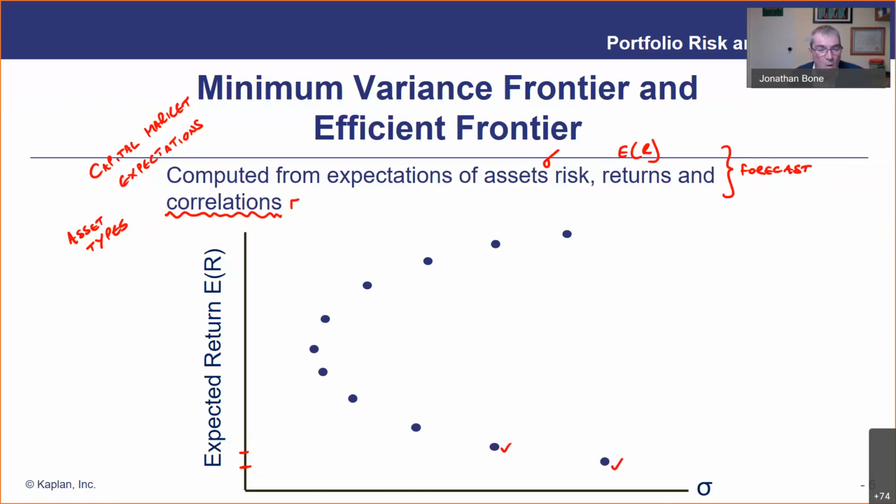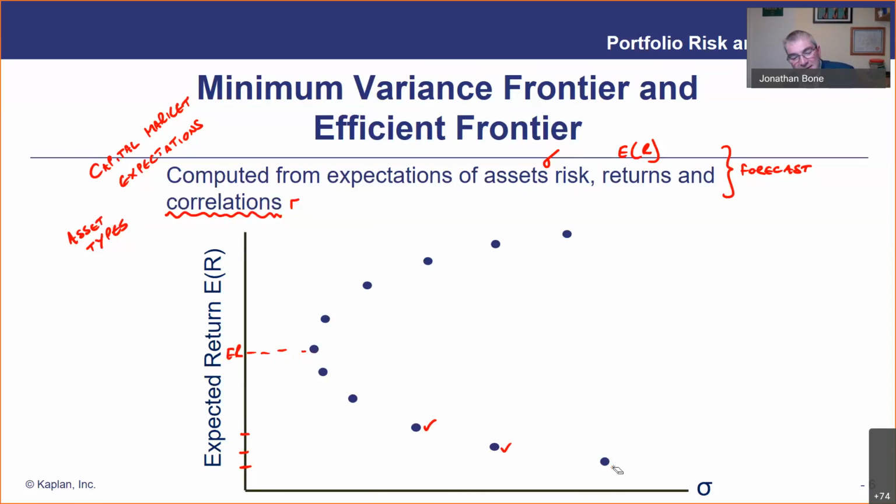Again, we look at all portfolios that could generate that, or all combinations of risky assets that could generate that expected return, and we choose the one with the lowest level of risk. Okay, now notice there is one portfolio here at this level of expected return that has the lowest risk of any portfolio. And we often refer to that as the minimum variance portfolio. So we're going to just keep on doing it.